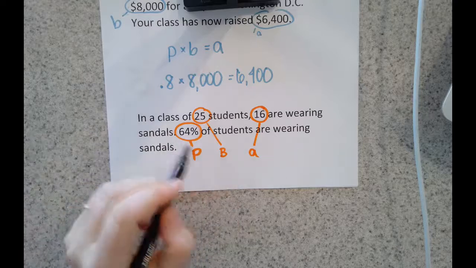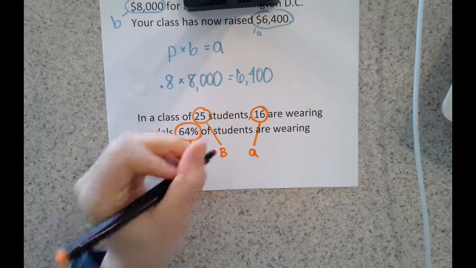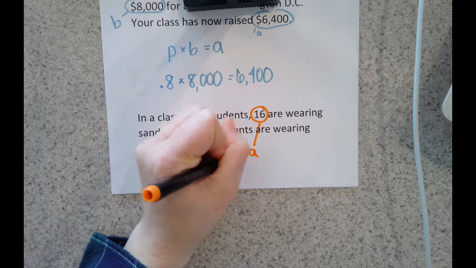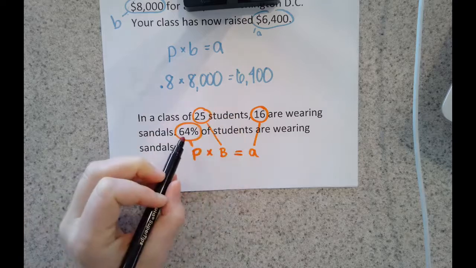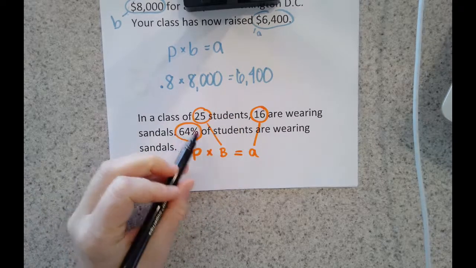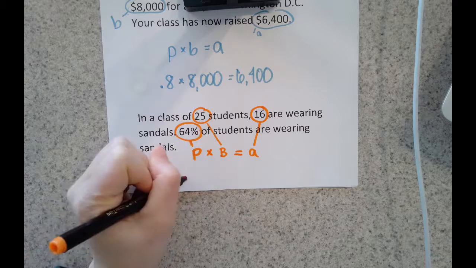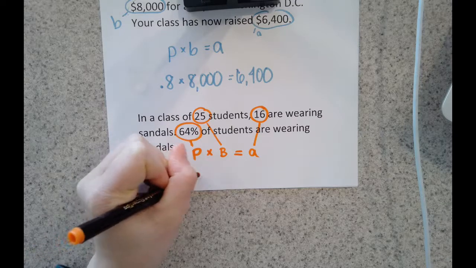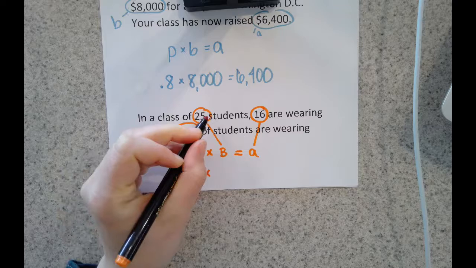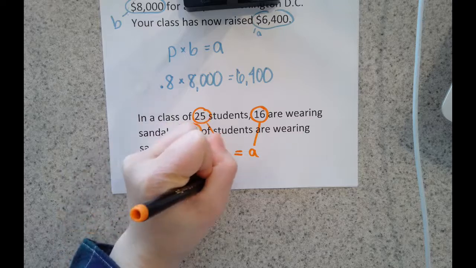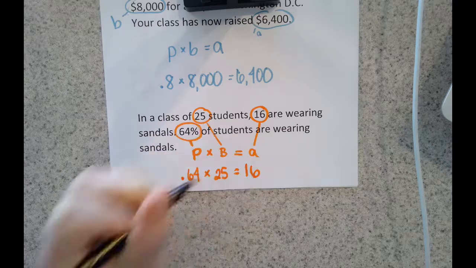So plugging in this information into the percent equation, percent times base equals part, I'm going to plug in 64% as a decimal for P, 0.64. My base is 25 students, and my part is 16.